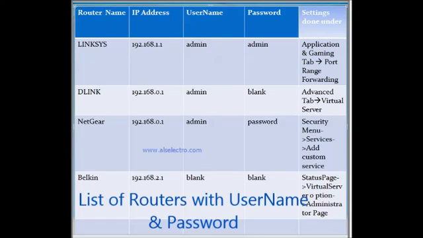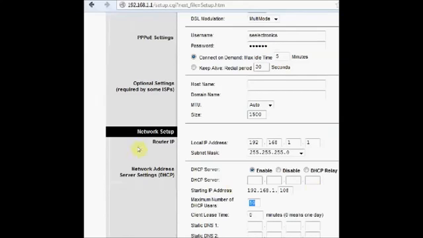If you scroll down the list, you can see the router's IP address 192.168.1.1, and to the bottom of it you can see the network address. Here it is 192.168.1.108, and maximum number of DHCP users is 50.